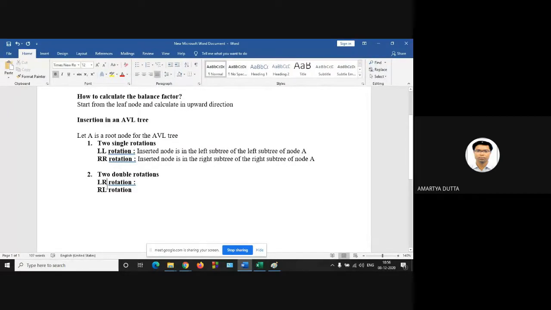For double rotation, LR means insert the node at the right subtree of the left subtree of node A. For RL rotation, insert the node at the left subtree of the right subtree.